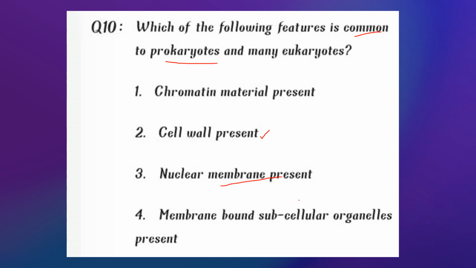No, in prokaryotes nucleus is absent, so nuclear membrane is also absent. Membrane bound subcellular organelles? No, there is no organelle present in prokaryotic cell, so this is also false. Correct answer is the cell wall present in both prokaryotic and eukaryotic organisms.